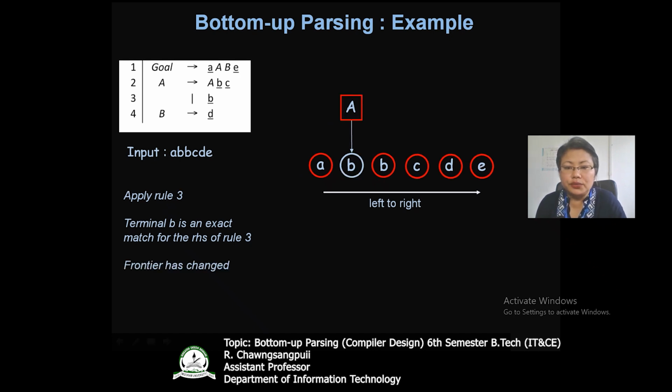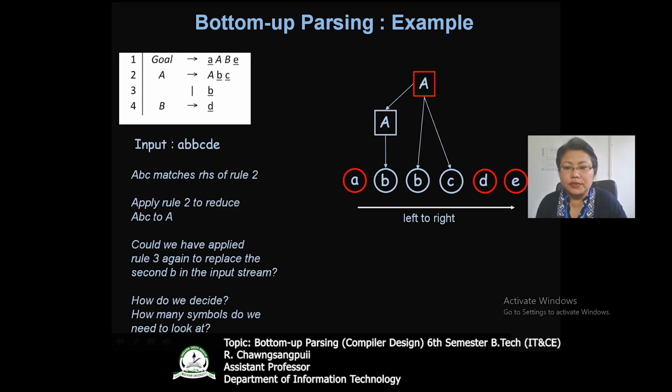Now our frontier has changed since we have applied that production. Now ABC, this is the second rule. A can have the form ABC. So this ABC matches with the right hand side of rule 2.